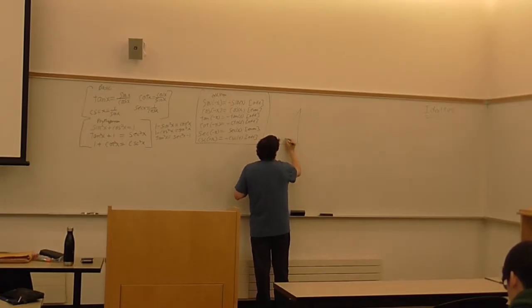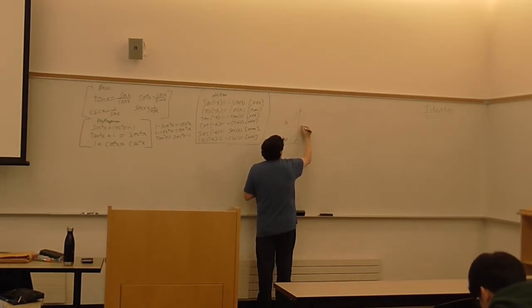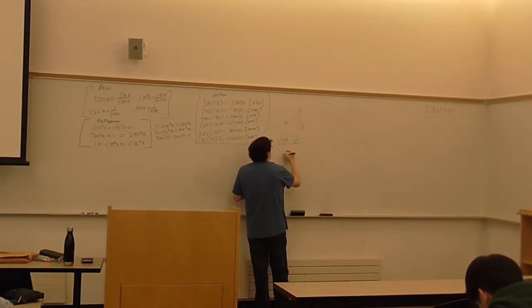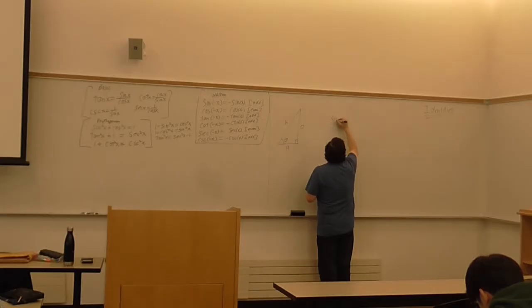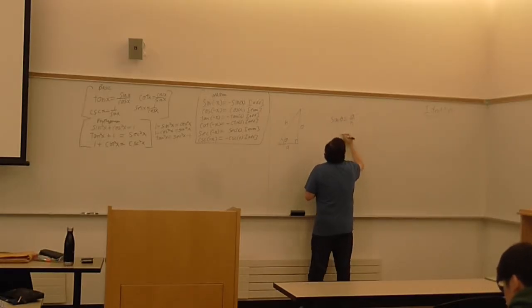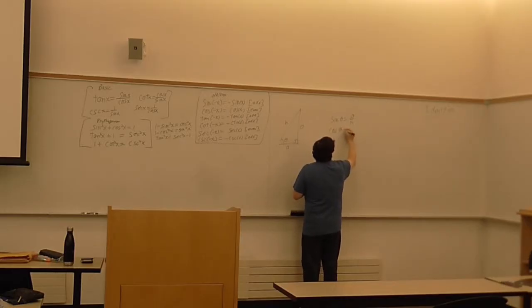We have a triangle with an angle theta. The right triangle has a hypotenuse, the side opposite theta and the side adjacent to theta. And we have the sine of theta is the opposite over the hypotenuse, and the cosine of theta is the adjacent over the hypotenuse.